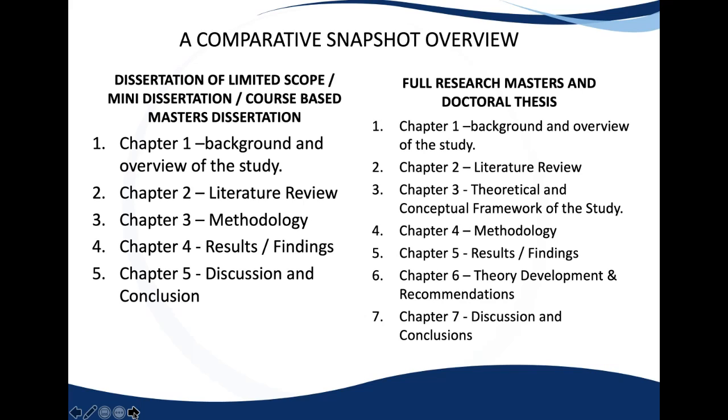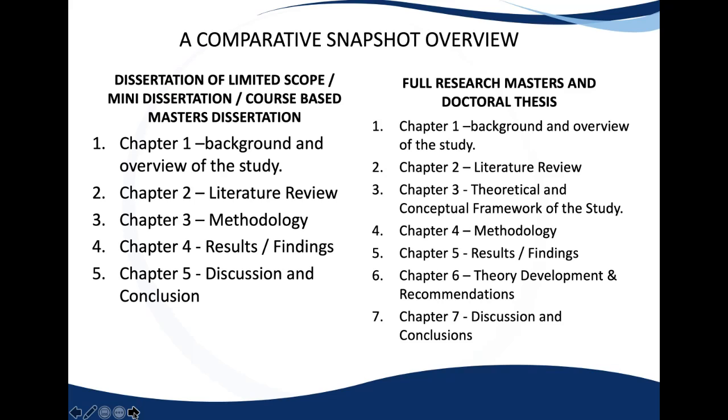But the theoretical and conceptual framing of the study, that differs, because that's the point at which you find existing theories, not research, theories that have been offered to try and explain some of the concepts that you're interested in. And you join those theories up together to come up with this conceptual framework, and you write about all that. Of course, that process of differentiating theoretical and conceptual frameworks and moving from one to the next, I have already taught you this in one of the sessions, but it belongs in chapter 3.